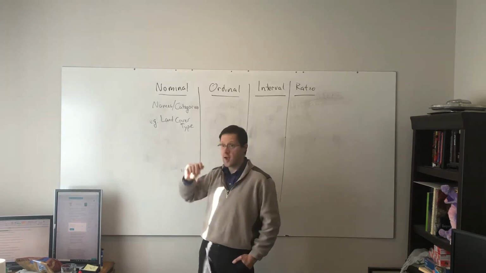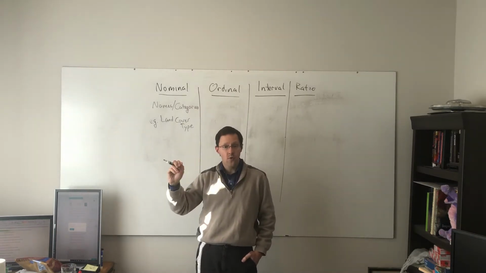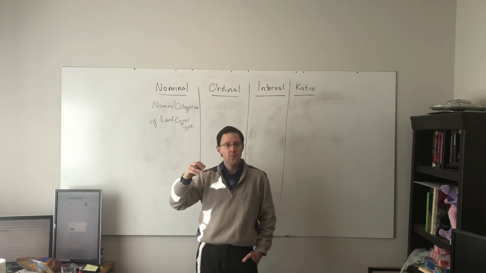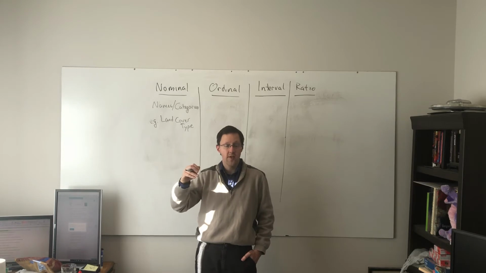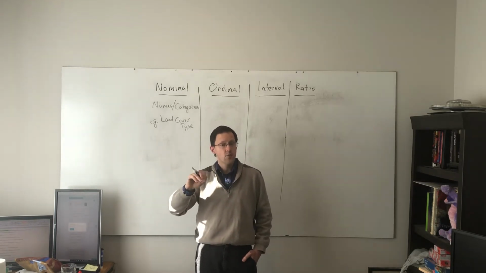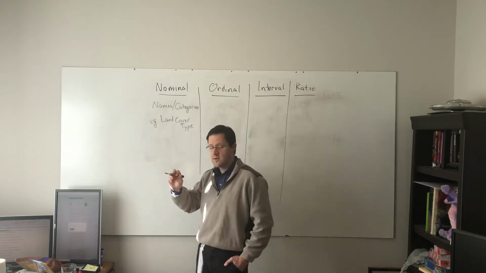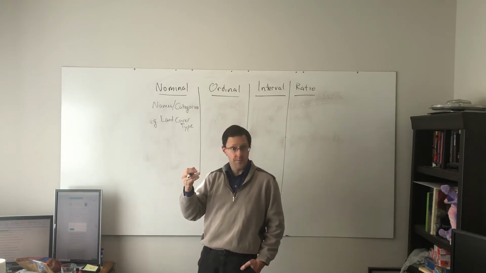For land cover type here, we cannot say the value of forest is greater than the value of grassland. They are simply 2 categories, and you cannot make an assessment of greater than or less than or any comparison like that. This means we are limited to looking at what is most common.